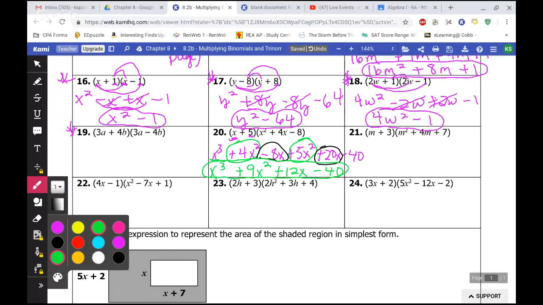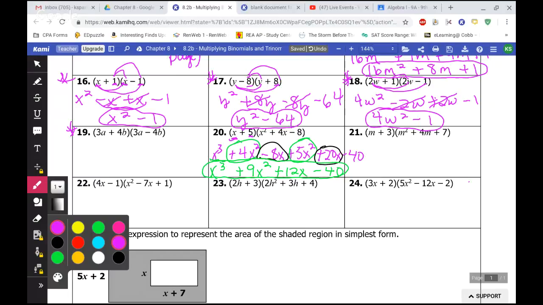And I think I'm going to actually do number 24 instead of 23, because it has kind of more of a mixture of signs in it. So I'm going to do that one. So what you're going to do is multiply. In that first step, you're going to multiply 3x to every term in the second trinomial, or second parentheses.